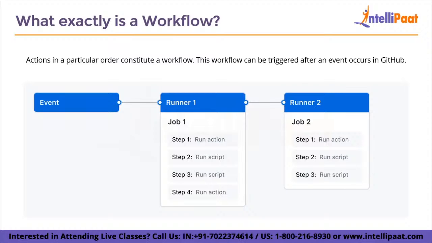So the issue has to be assigned to them, and it can automatically be assigned to that contributor who is a front-end developer. All these actions can be done. To sum this up, all the actions in a particular order constitute a workflow, and this workflow can be triggered after an event occurs in GitHub.